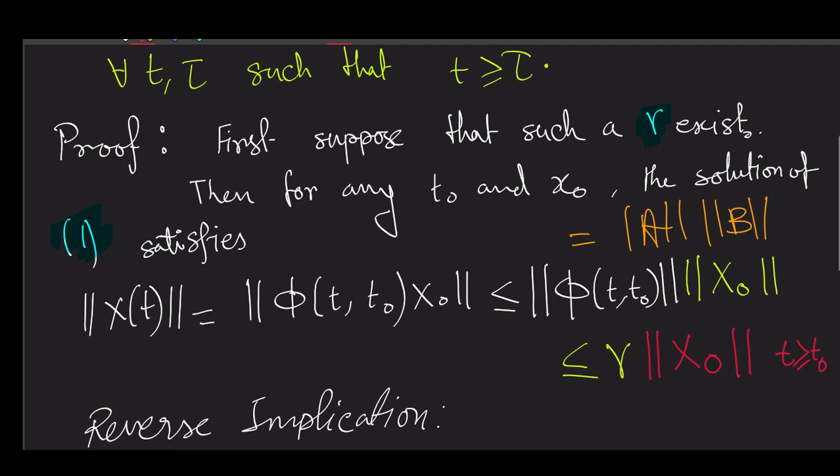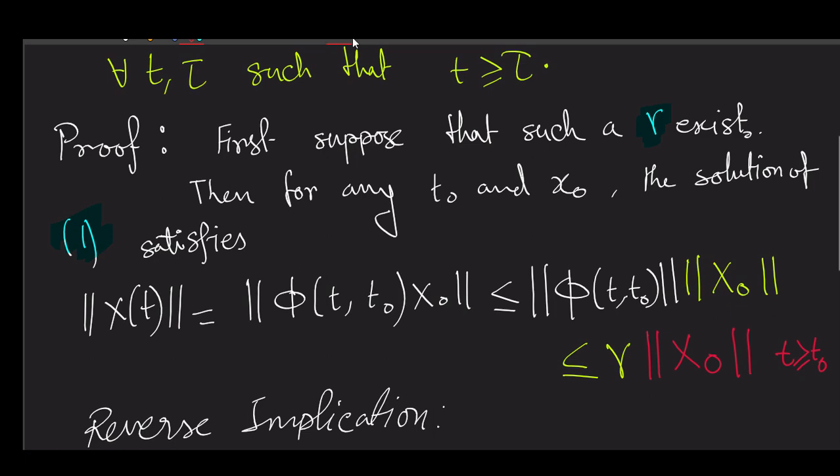We are using this property to reach here. Once we reach here, we get this value less than or equal to gamma mod x naught. So clearly you can see that it is independent of t naught, so uniform stability is established.